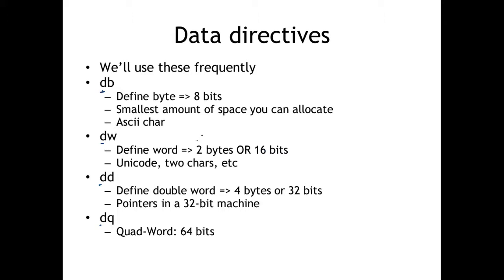Define D word, double word, right? We talked about that as well. 4 bytes or 32 bits. And so this is basically going to be as much as we're going to allocate since we're using just 32-bit for the course. DQ, quad word, is 64 bits. You can see that more with a 64-bit environment. Pointers are 32-bit.